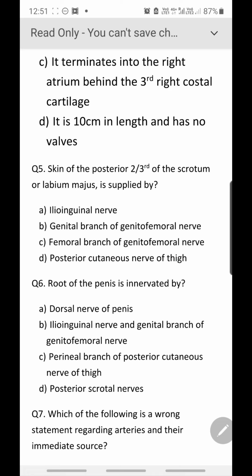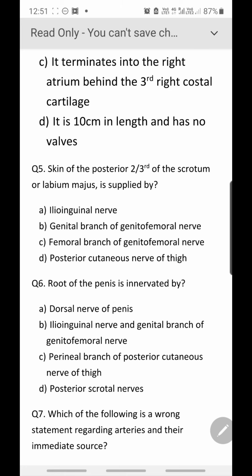Skin of posterior 2/3 of the scrotum or labium majus is supplied by ilioinguinal nerve, genital branch of genitofemoral nerve, femoral branch of genitofemoral nerve or posterior cutaneous nerve of thigh.